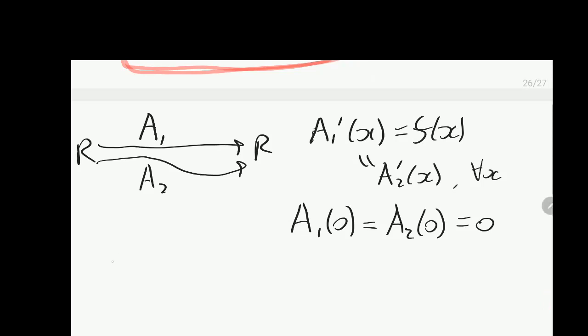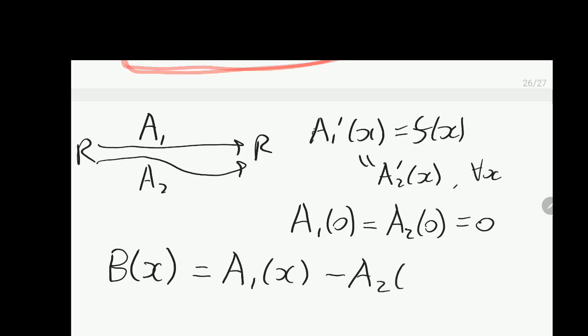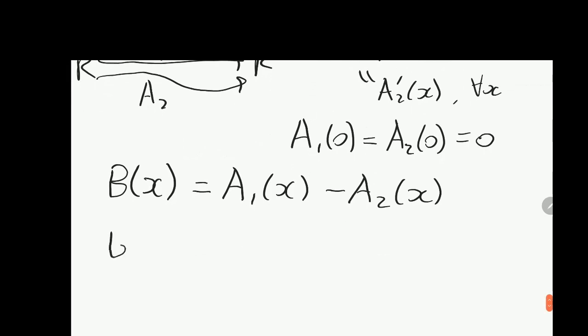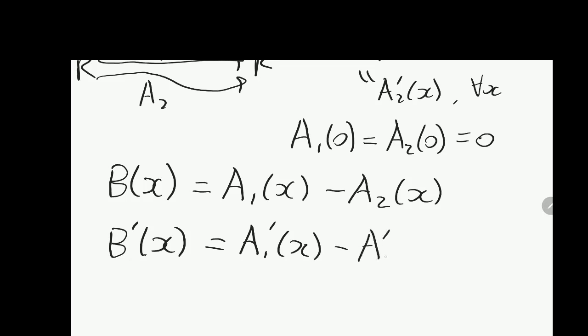So the way that this little proof works is that we'll define B of x to equal A1 of x take away A2 of x. And so now if we consider the derivative of B, it can be shown that that's going to equal the derivative of A1 take away the derivative of A2.